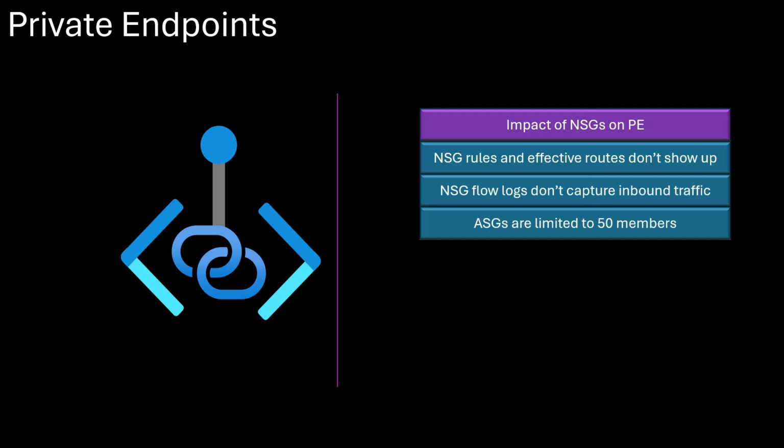NSGs help but have some limitations, so you might need private DNS zones and additional security settings to make it work right. And you should plan your networking setup carefully, especially when using multiple subnets and services with strict security policies. By getting this right, you are locking down your Azure services like a pro while ensuring seamless and secure connectivity.